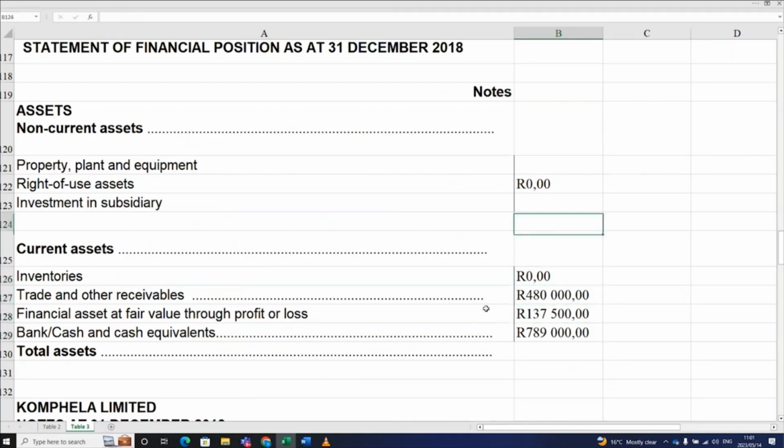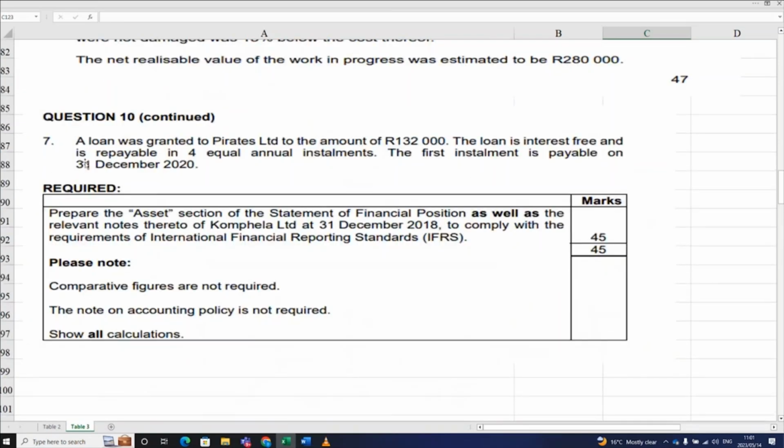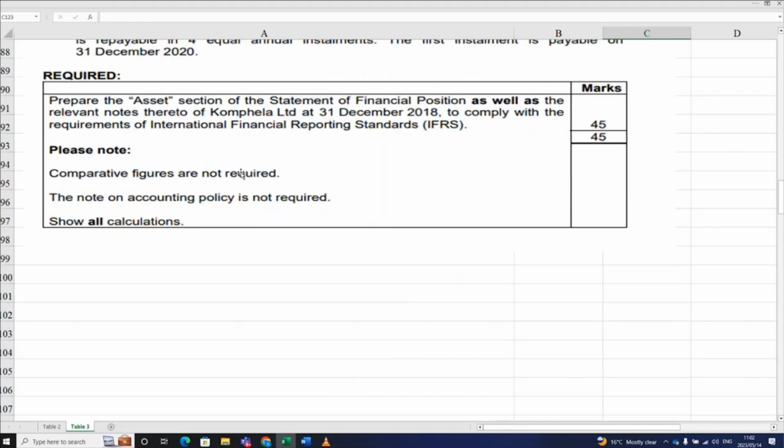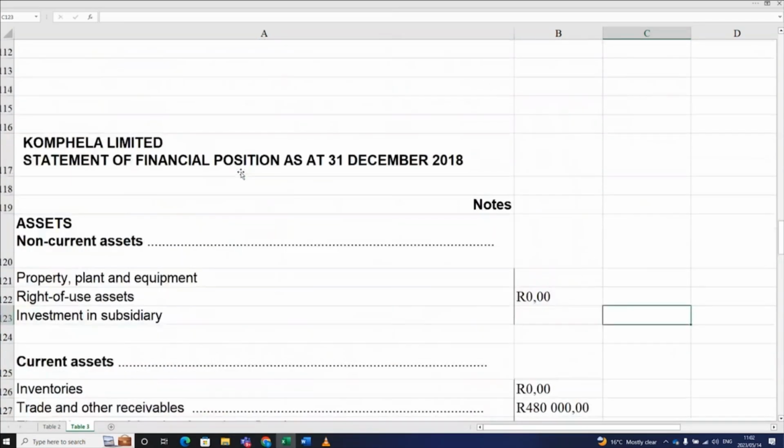Okay, right. Then the investment in the subsidiary. When we look at this note here, it says a loan. So a loan was granted to Pirates Limited to the amount of 132,000. The loan is interest free and is payable in 4 equal installments, and the first installment is payable in 2 years' time, 2020.